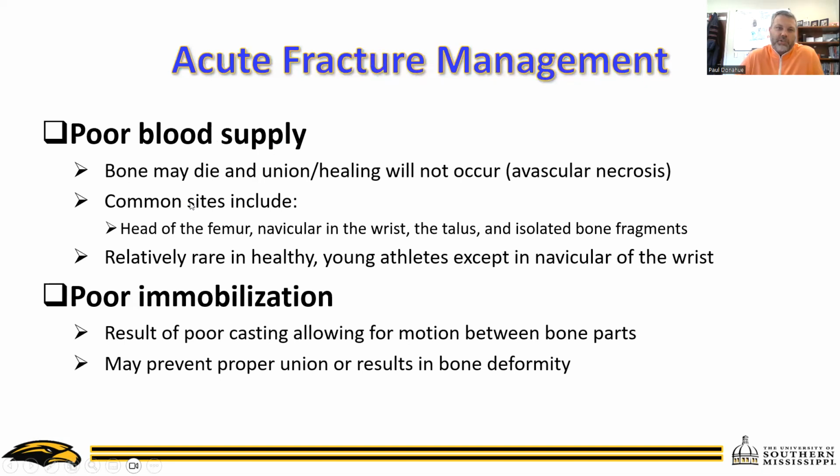So bone may actually die with poor blood supply, right? And so there are specific areas of bones when we do see fractures that we get very worried about. So things like the head of the femur, the navicular, and the wrist, all really important.